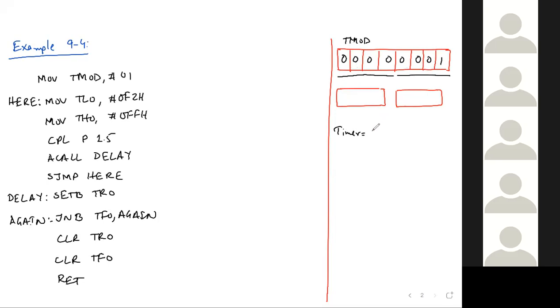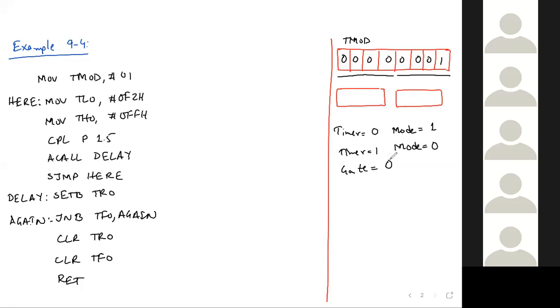If we are using timer 0, we are in which mode? So mode 1, so 16-bit timer. And if our timer is 1, then we are in which mode? So mode 0. Exactly right.